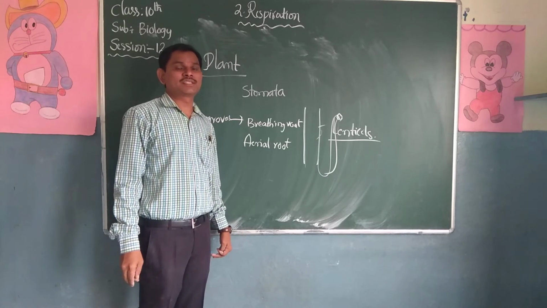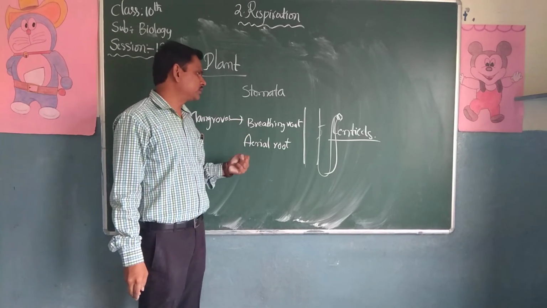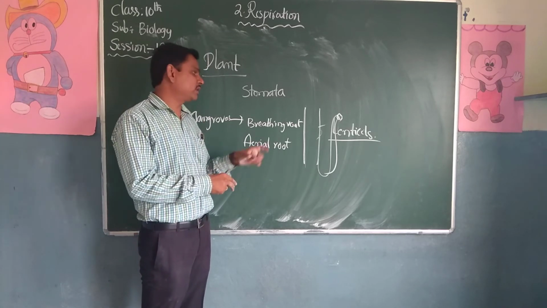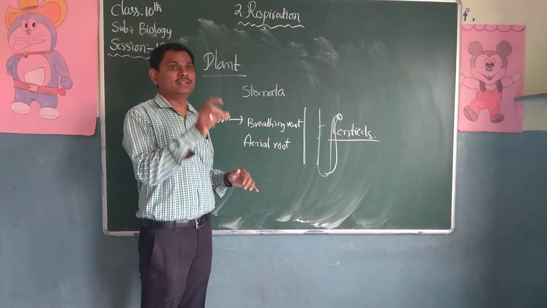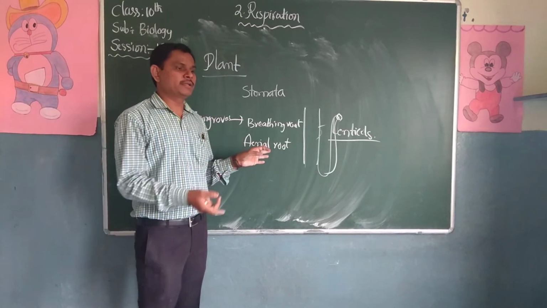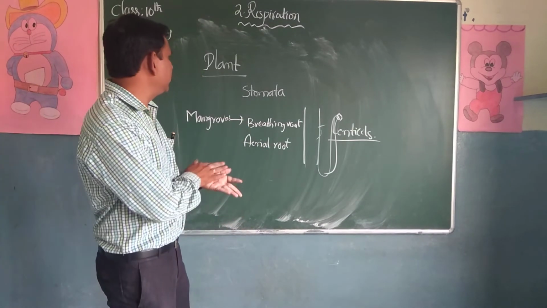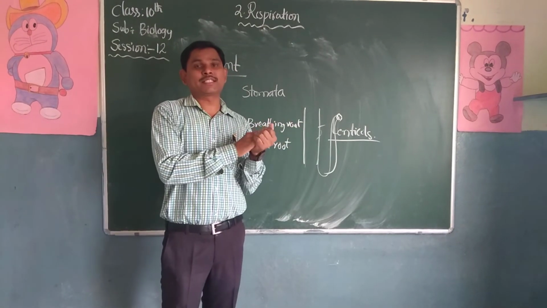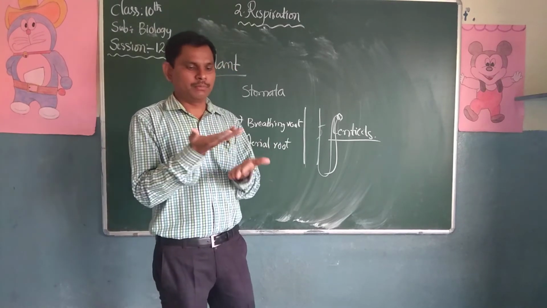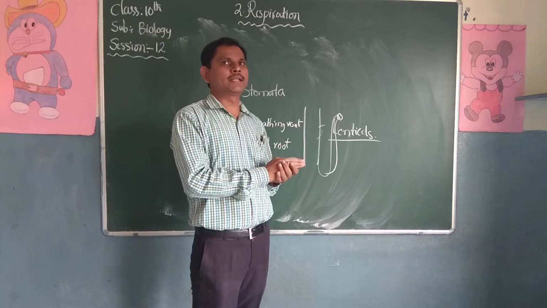We also discussed pneumatophores in 9th class. They have pneumatophores, aerial roots, breathing roots. I think two years back they gave the diagram and asked for the name. Mangroves respire through the aerial roots. Only 3 types of respiration we see in plants. Plants respire through the stomata present in the leaves, on the underside of the leaf, where small pores are present.